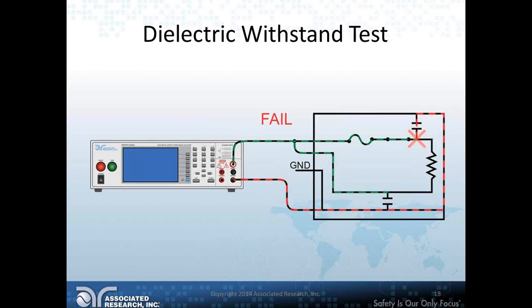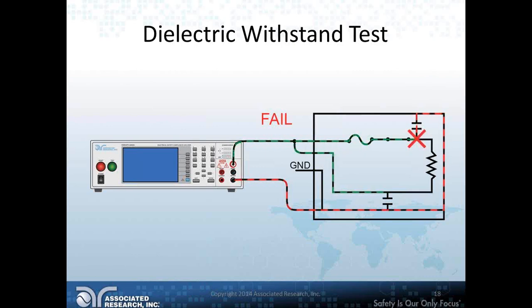And here's a simulation of a fail condition for a high-power test. In this picture, we can see that when the high voltage was applied to the mains conductors, the resulting leakage current that flows was too much for the insulation.